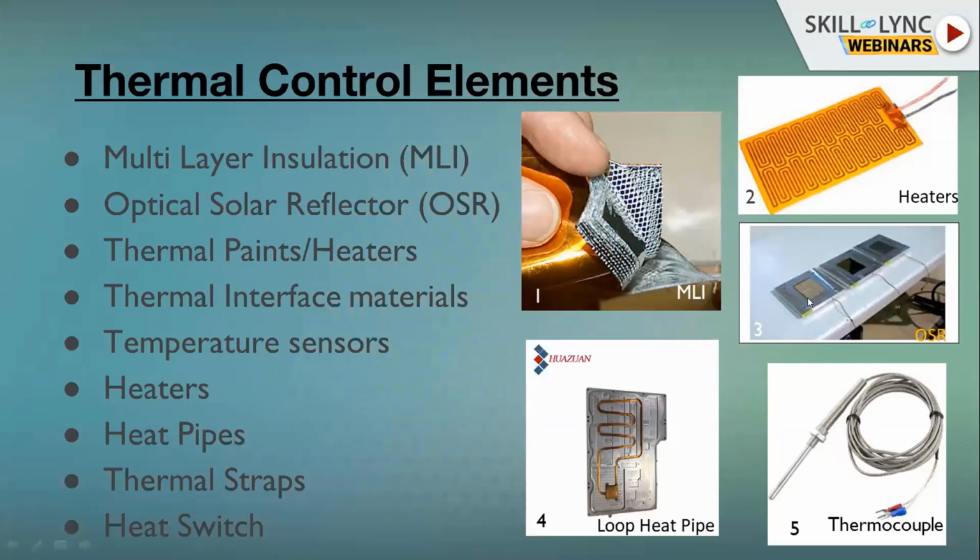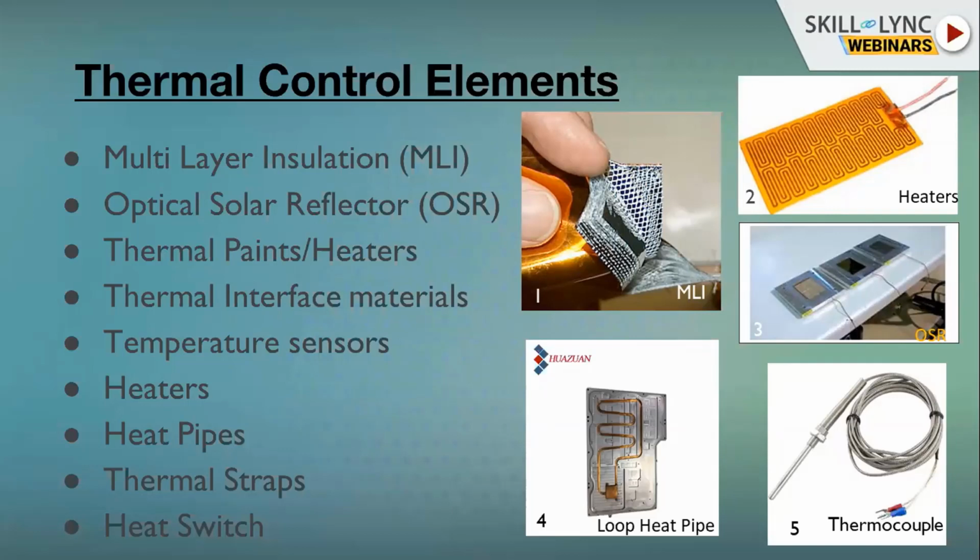How this optical solar reflector works is, it has a high emissivity in the IR spectrum and very low solar absorptance. We'll talk about how it works when we come to the thermal design philosophy.